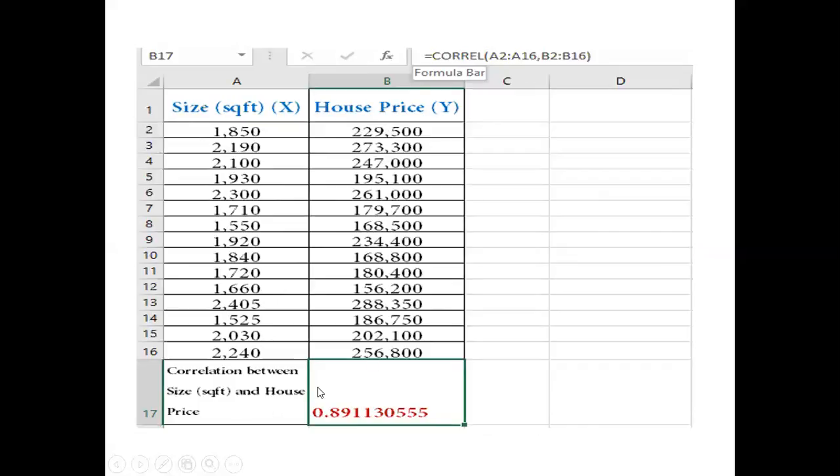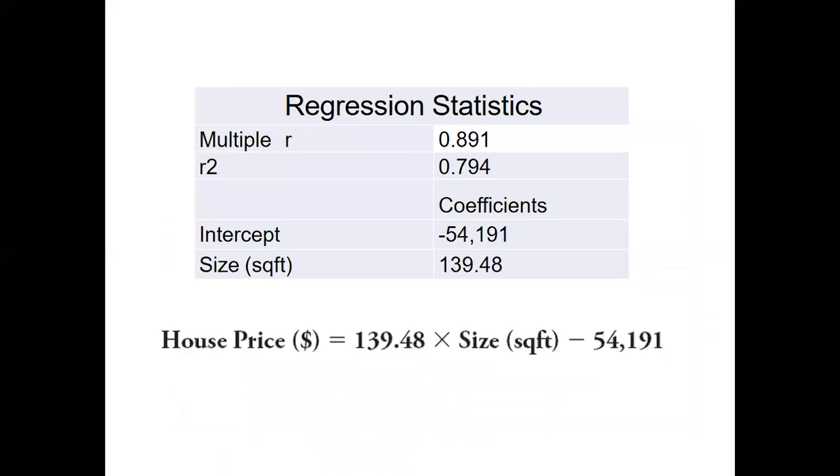When we do this, automatically we get the value 0.8911. This is the value of R, which will be used to predict the price of the house in the future.